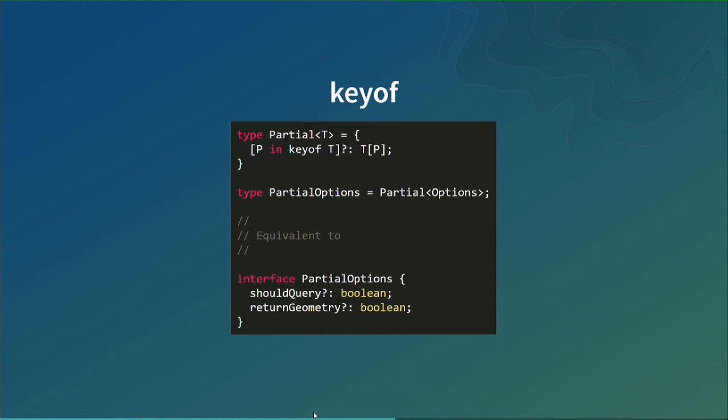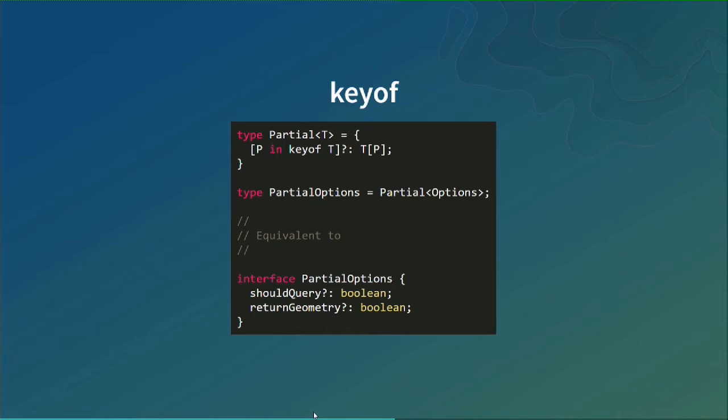And you can use this P in keyof T. Basically, P will take the string value of each of those fields. And then you can define an actual type with it. So P in keyof T, in this case for the options, it will be shouldQuery and returnGeometry. And then I can type it, so I use the question mark to make it optional. And then I say the type of that should be T[P], like the type of the field P inside T.